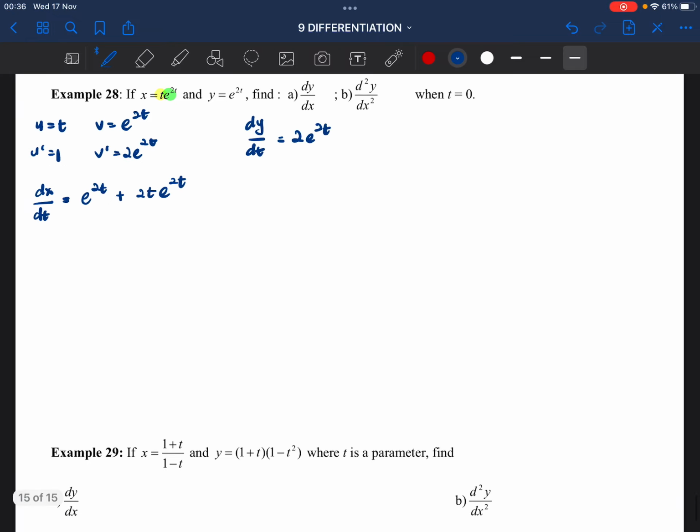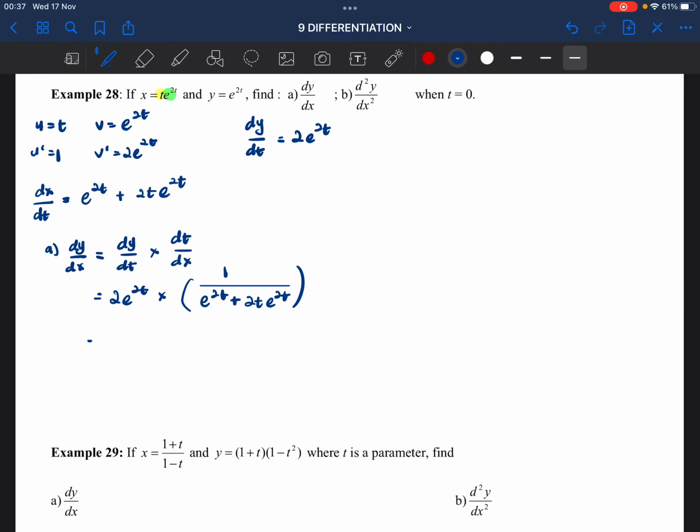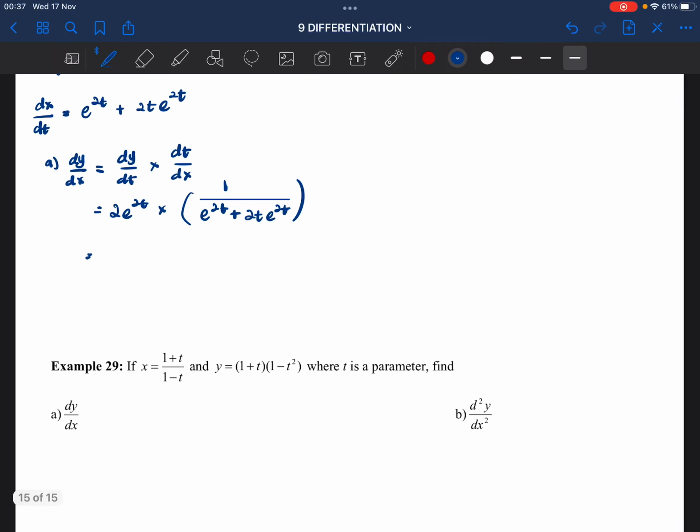Okay, so now we are going to substitute into our formula, our chain rule. So dy over dt multiplied by dt over dx. dy over dt is the numerator, and dt over dx, all of this is flipped. That means 1 over e to t plus t e to t. Okay, so now we can simplify.